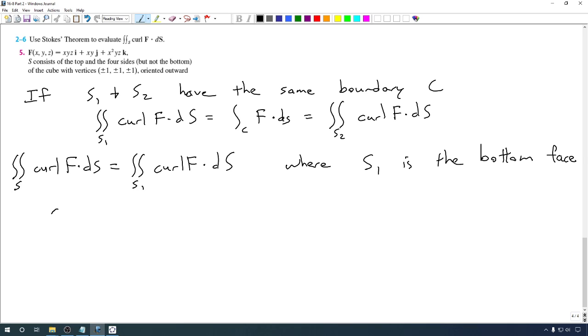So let's take that curl. That's the next thing we need to do. We need to take the curl of this function here, of this vector field. So we have x, y, z. We have x, y. We have x squared y, z.